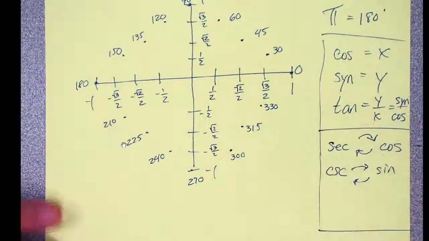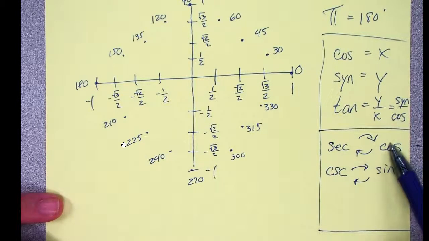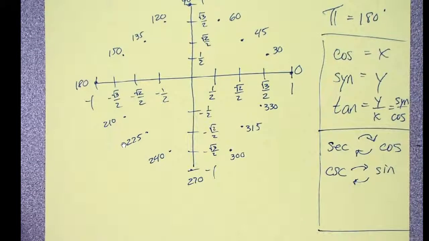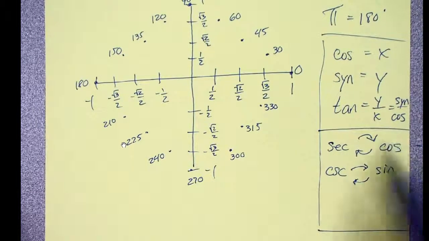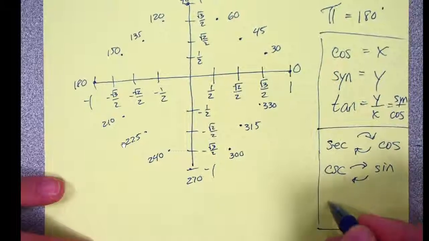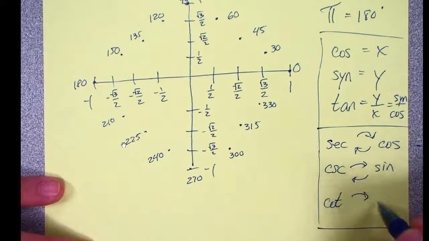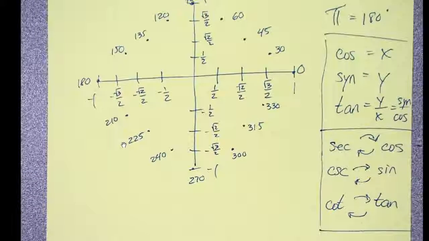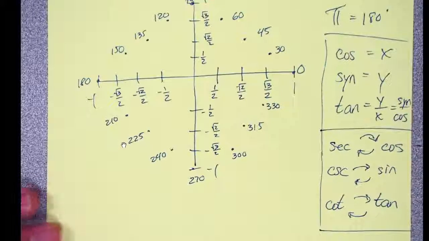So it'd be nice if cosecant flipped over were cosine, because they both start with a C, and then secant and sine, because they both start with an S. But you got to remember it's backwards. So secant goes to cos, cosecant goes to sine, and then cotangent, this one's a little easier, is the reciprocal of tangent.